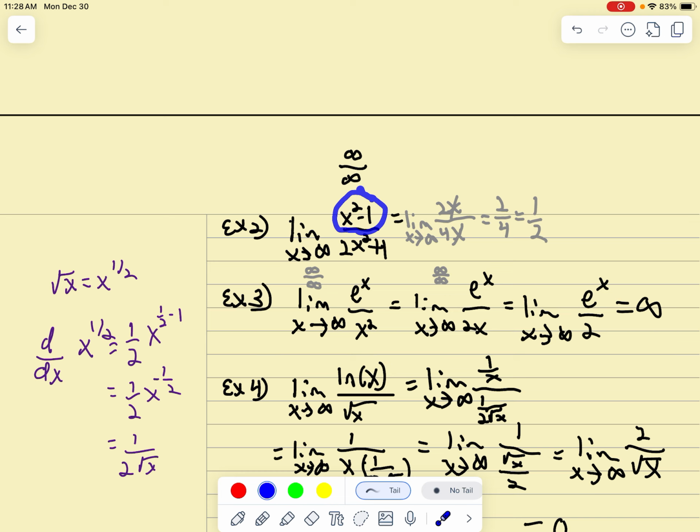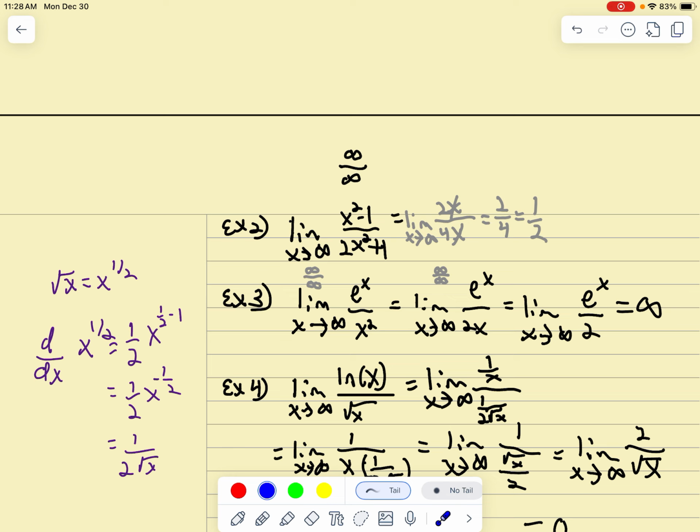So in this case, it's x squared over 2x squared, and that does indeed give you 1/2. But L'Hospital's will also give you that same answer. Because if you take the derivative of x squared minus 1, you get 2x. And if you take the derivative of 2x squared plus 1, you get 4x, right? And the x's divide out, and it leaves you with 2 over 4, which is 1/2.